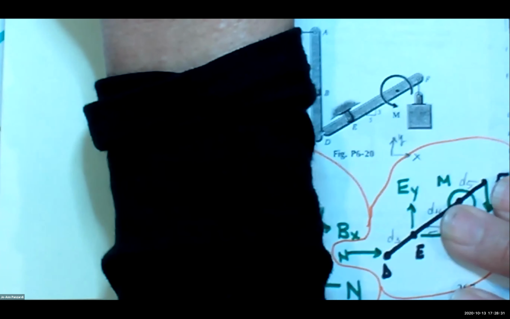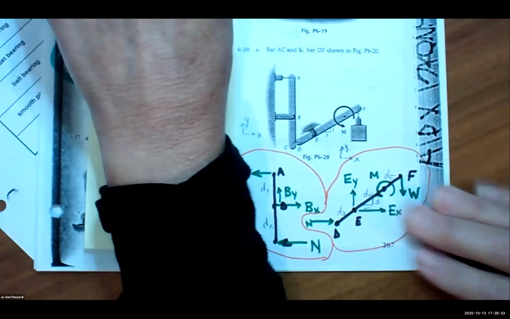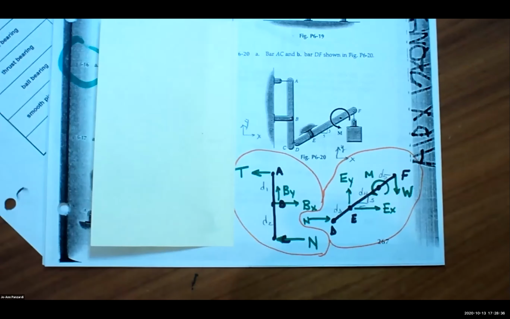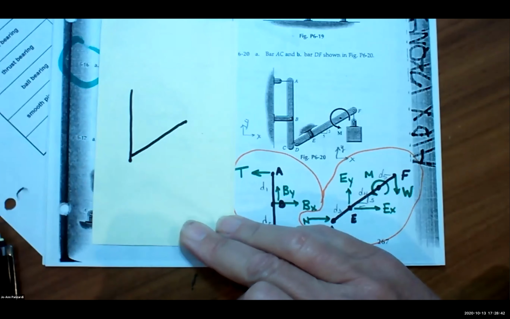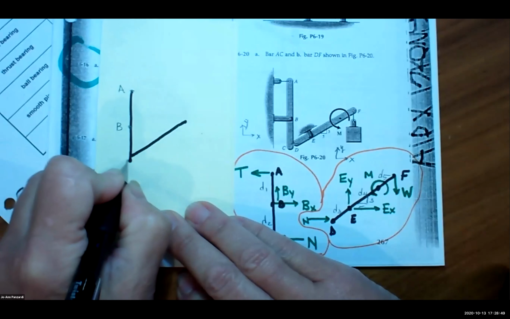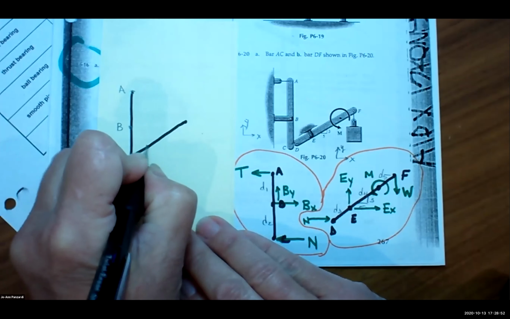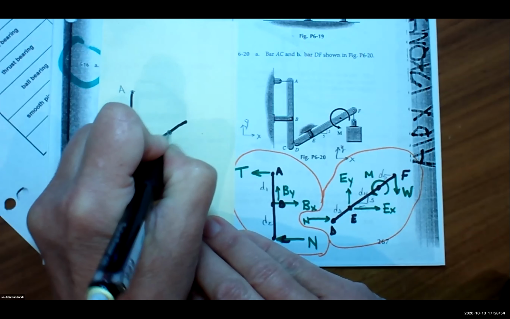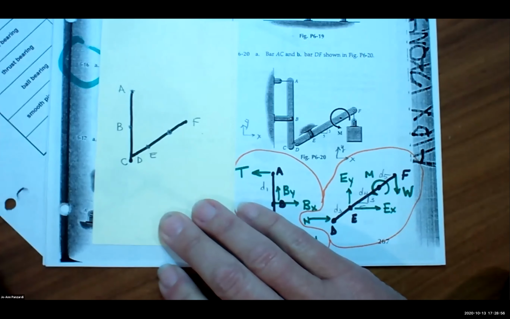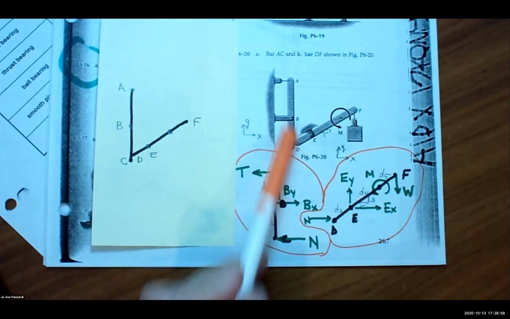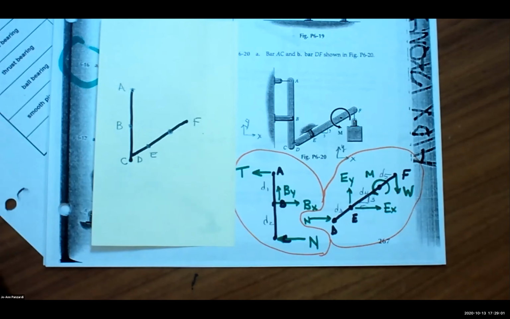I want to know now, what if I wanted you to draw a free body diagram of bar ABC and DEF together? So here's A, B, C, D, E, F. Jason, if I wanted you to draw a free body diagram of both bars together, what would you draw on it?